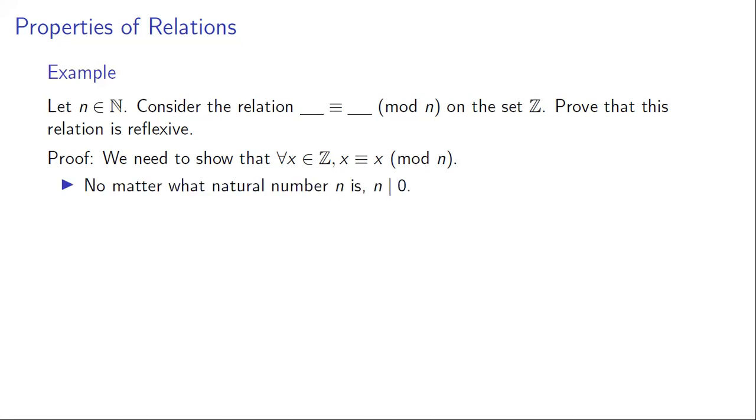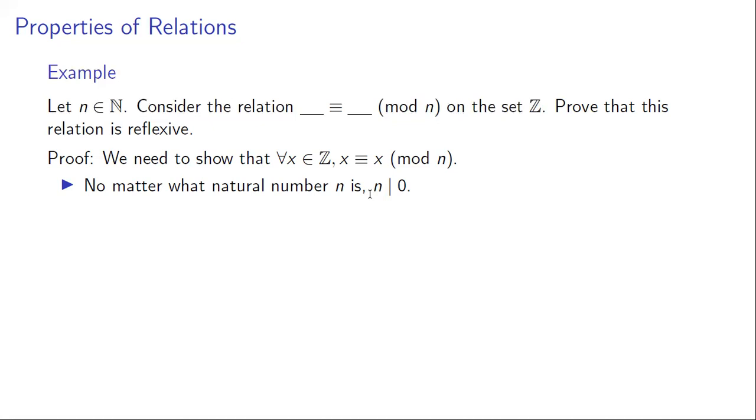So let's do it. First we note that no matter what natural number n is, n divides 0. That's true because n is certainly a natural number, a positive number. Even if it were a negative number, it would also apply.